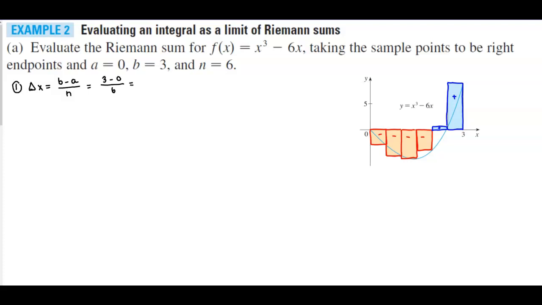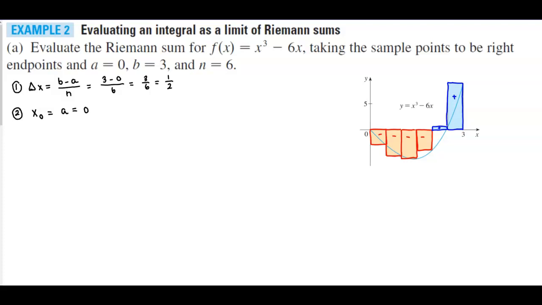So we get 3 over 6, which is equal to 1/2. Also, the initial point, x subscript 0, is going to equal the value of a, which is 0, because that's what's given.